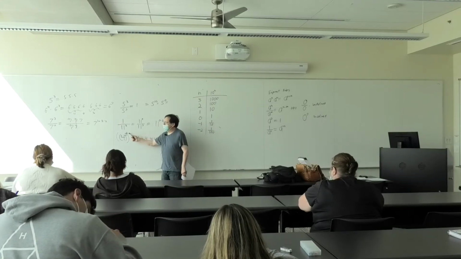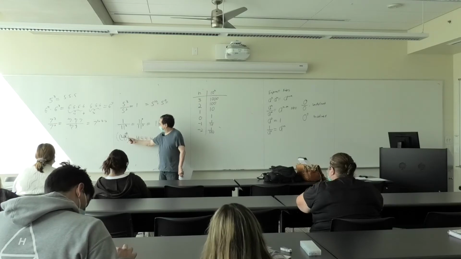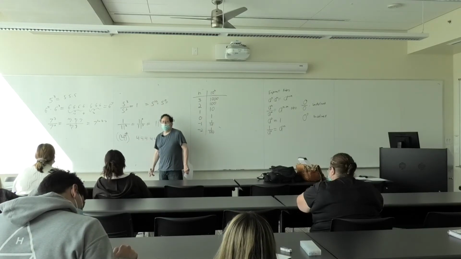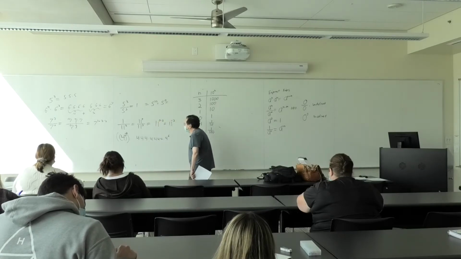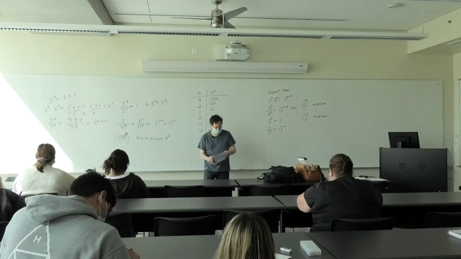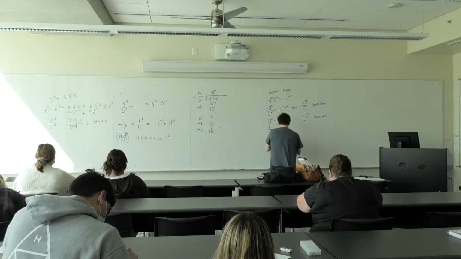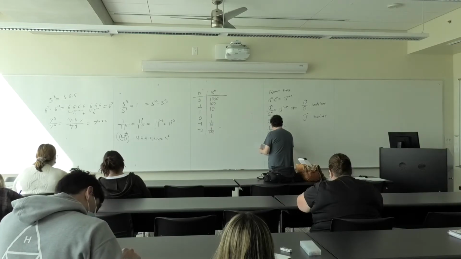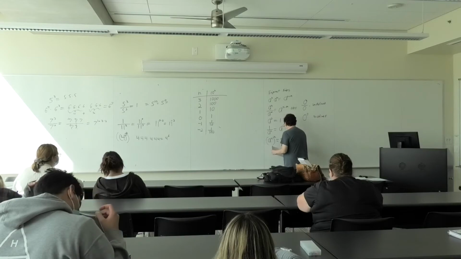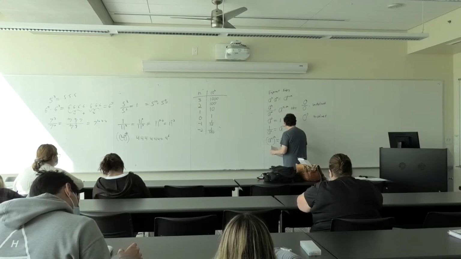It looks like 4 to the 3 to the 2 is just 4 to the 3 times 2. That's exactly right. So a to the n to the m is just a to the n m.